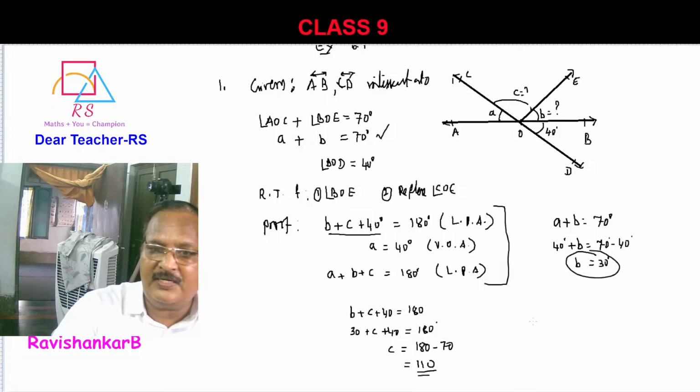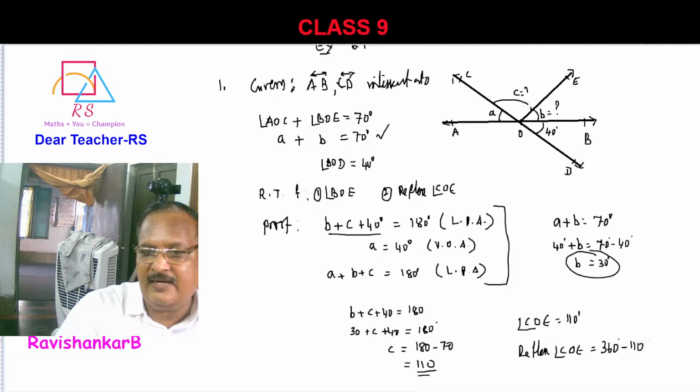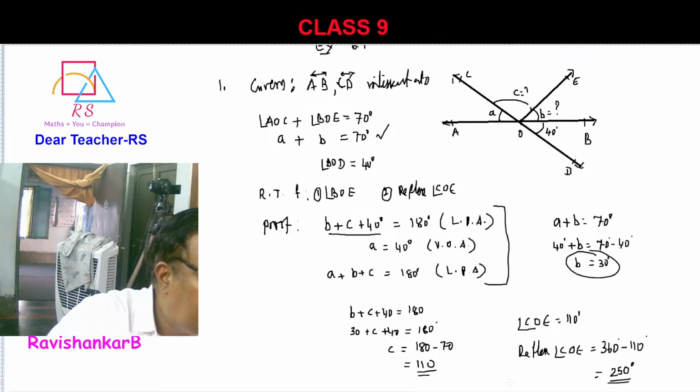So now we got c also. That means angle COE is equal to 110 degrees. Now reflex COE is equal to 360 degrees minus 110 degrees, which is equal to 250 degrees.